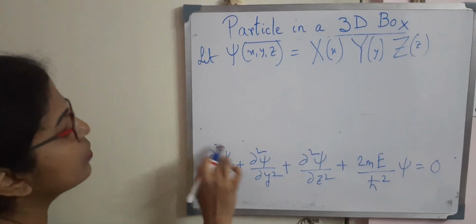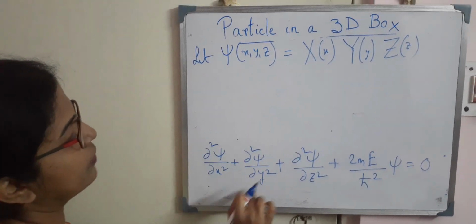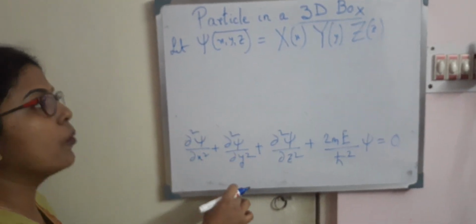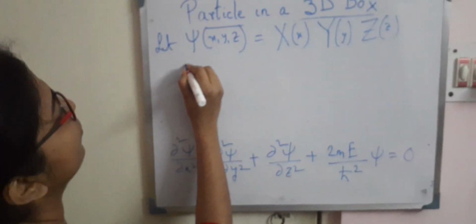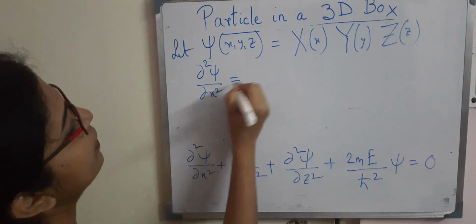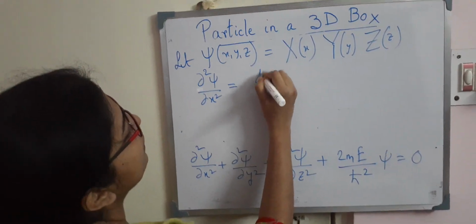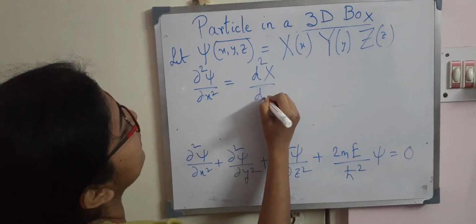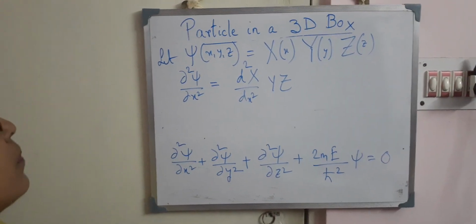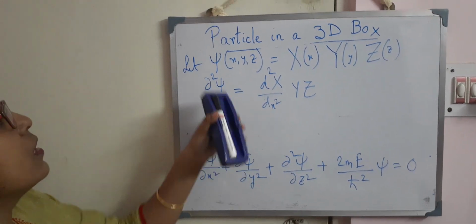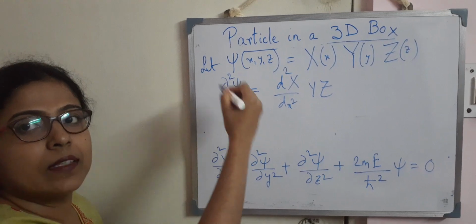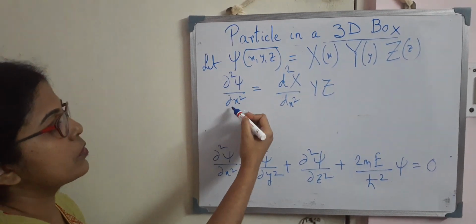So I have to find the second order differentiations of these terms and put them over here. If you find del 2 psi del x square, that will be simply d2X dx square into YZ. Do you all agree? Here I write del because psi has dependence on x, y and z, so I take the partial derivative of psi with respect to x.